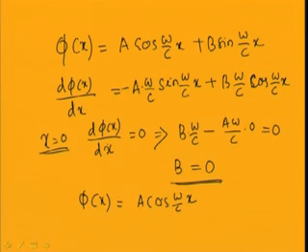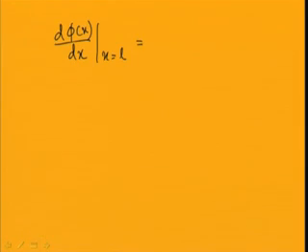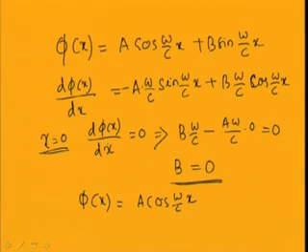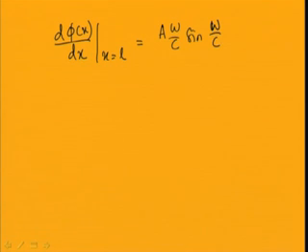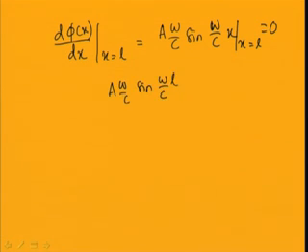Now, d phi(x)/dx at the right end, that is x equal to L, can be written as minus a omega by c sin(omega/c x), and this is equal to 0 at x equal to L. So I can write this as a into omega by c sin(omega by c L) equal to 0, or I can write this as a sin(omega by c L) equal to 0.